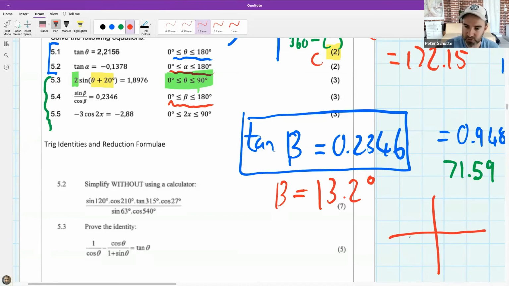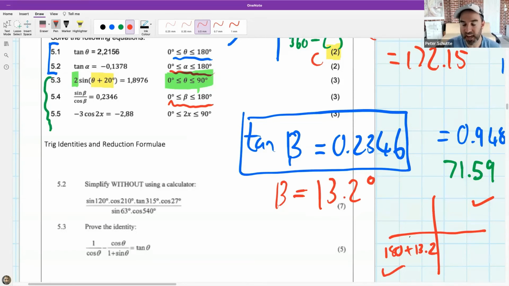Now, in this particular question, again, there are other answers to these trig equations, but tan is positive in this quadrant, and it's also positive in another. Sometimes people also like to do a little tick. Now, we've got the answer in quadrant 1. If we wanted the second answer over here, it would be of the form 180 plus the 13.2. But because we're only interested in answers between 0 and 180, I'm just going to ignore that.